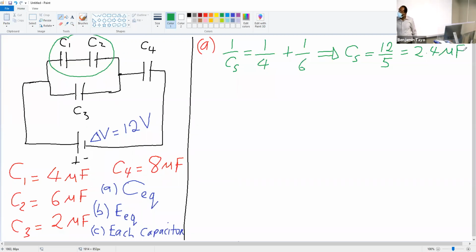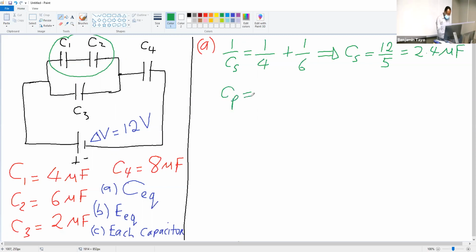So now that we've calculated C series, we can take C series together with C3, right? Now C series and C3, is that a series or a parallel combination? It's parallel, right? So how would you combine those together? Just add them up. So now let's calculate C for the parallel combination.